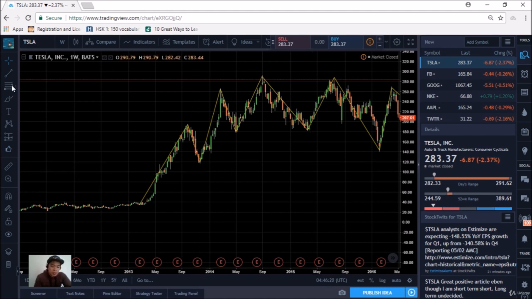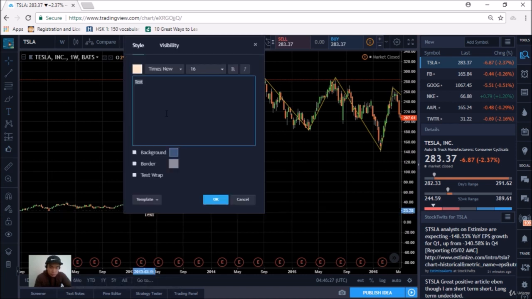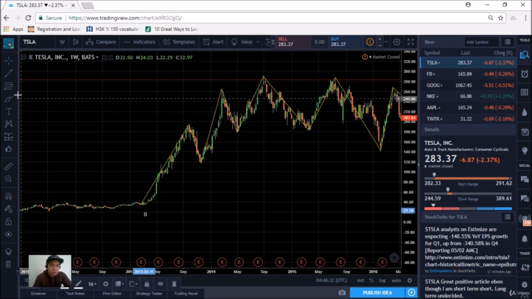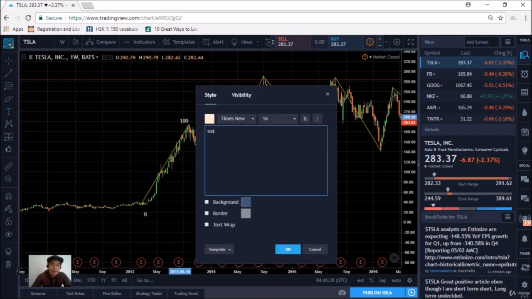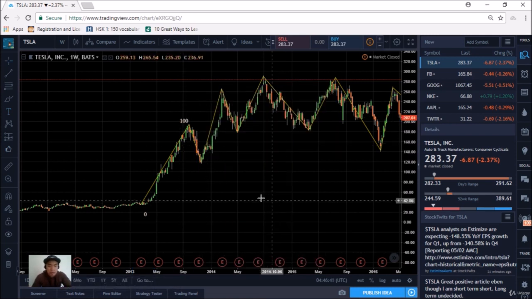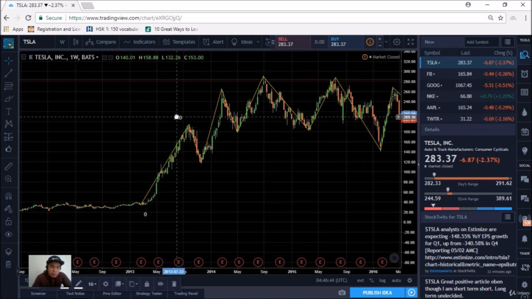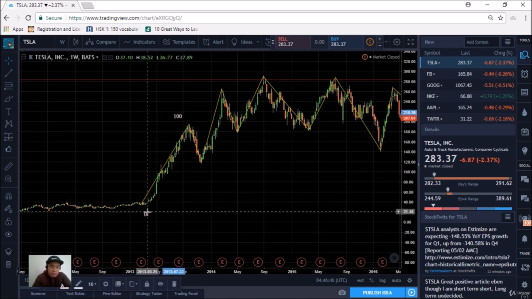What you want to do with Fibonacci analysis is take this level as zero, a distinct low, and take the next high, a distinct high, which is the 100%. I hope you get what I mean. You don't have to plot this, by the way, but I just want to mention that this is when you're doing the Fibonacci plotting. So this is the 0% and this is the 100%.